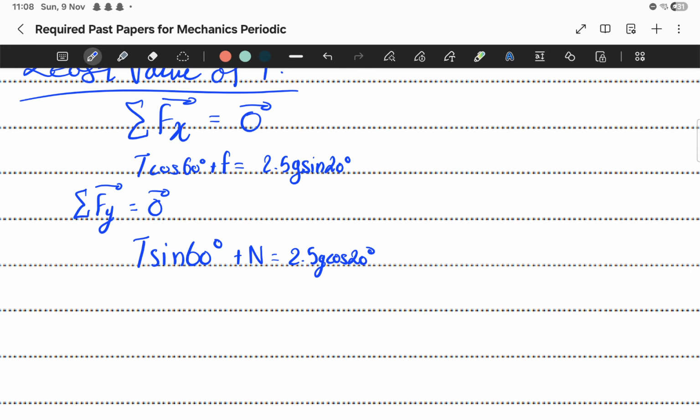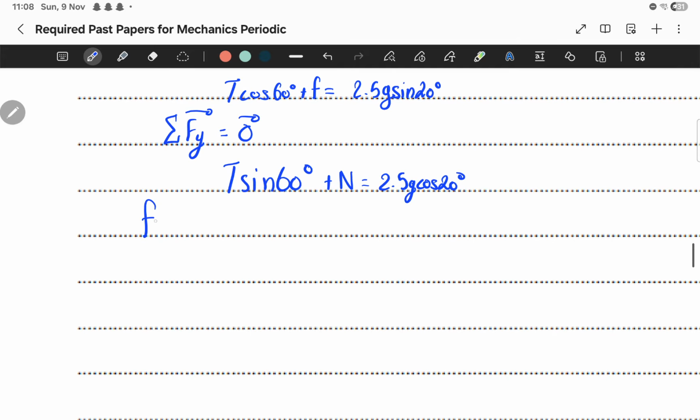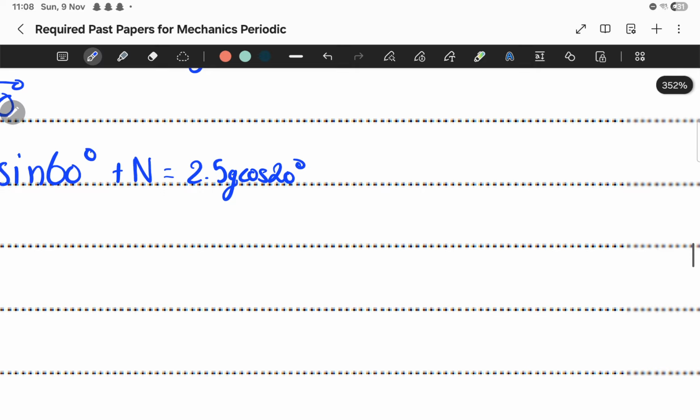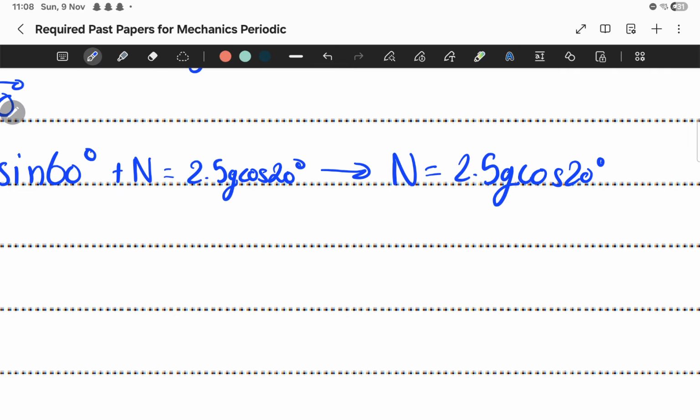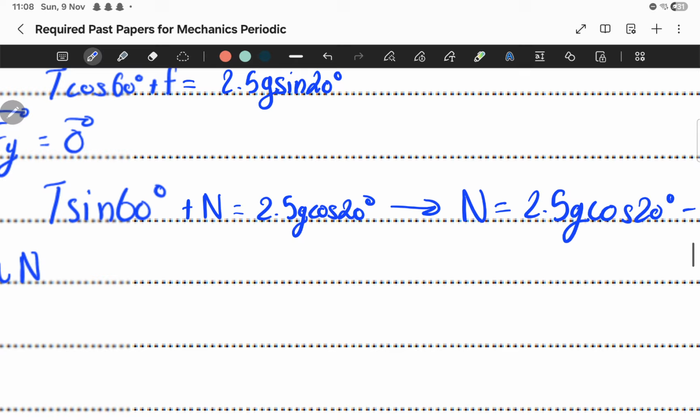So I have friction, right? What is friction? Friction equals mu N. So this equation can give me N is equal to 2.5 g cosine 20 minus T sine 60.